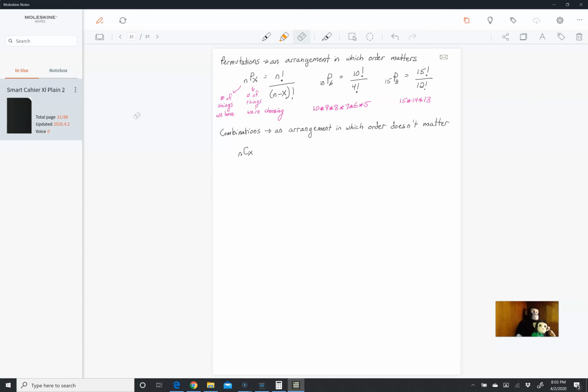Some textbooks use r, it doesn't really make a difference. It means the same thing. It's just the number of things that we're choosing. So again, the n here is just the number of things that we have.